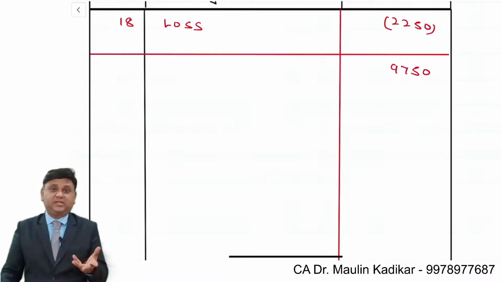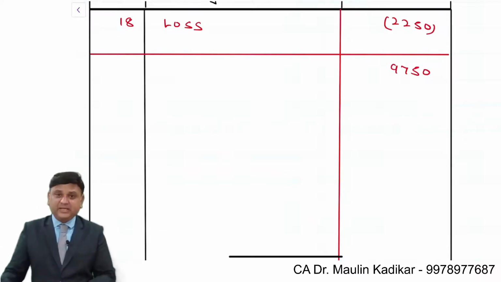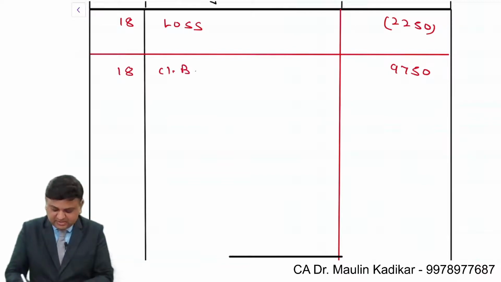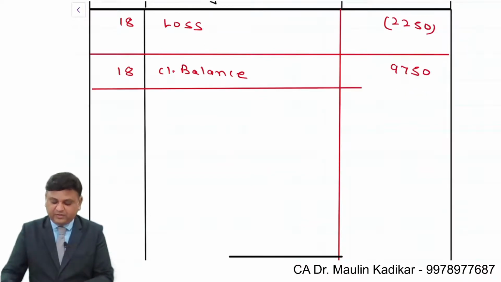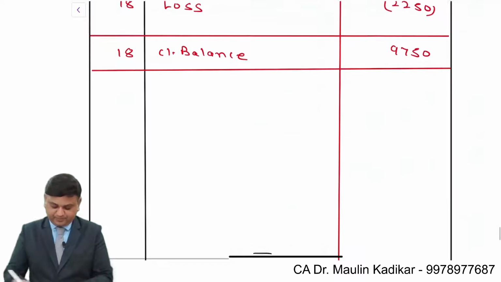No, it is not less than 9,000. So is there any requirement of the margin? No, there is no requirement of the margin, because after deducting the loss, only if the balance is below maintenance margin, is the payment of the margin required to be made. So on 18th, this is the closing balance. Neither are you allowed to withdraw nor are you required to make payment of any deposit.